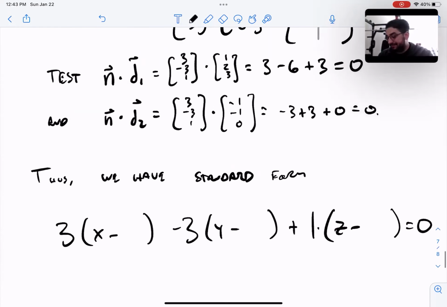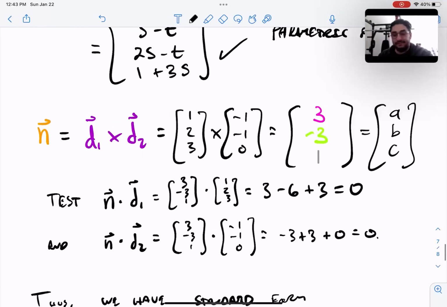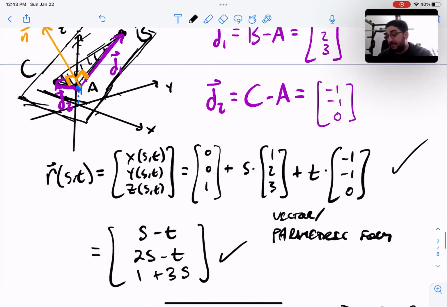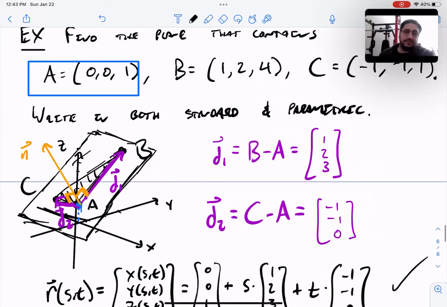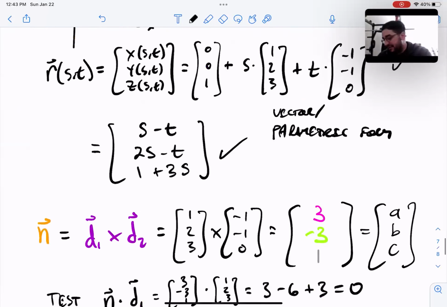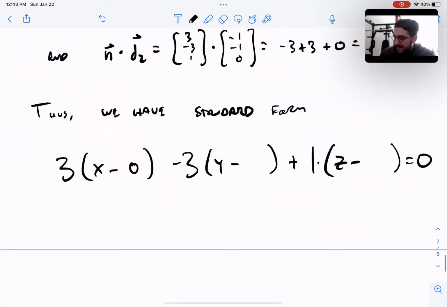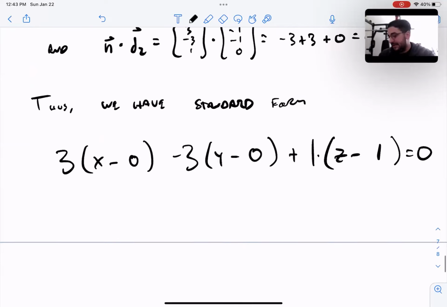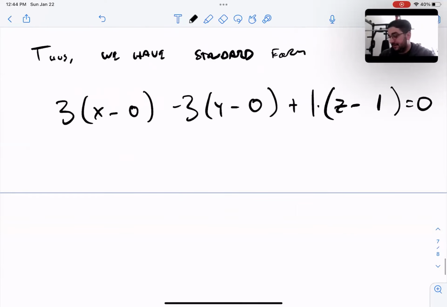I put the X naught, Y naught, Z naught, which in this case was our point A. And it could be any point. You could use B, you could use C, it doesn't matter. But I picked A. So now I'm going to put A in there, 0, 0, 1. So that's what we put here in our standard form.